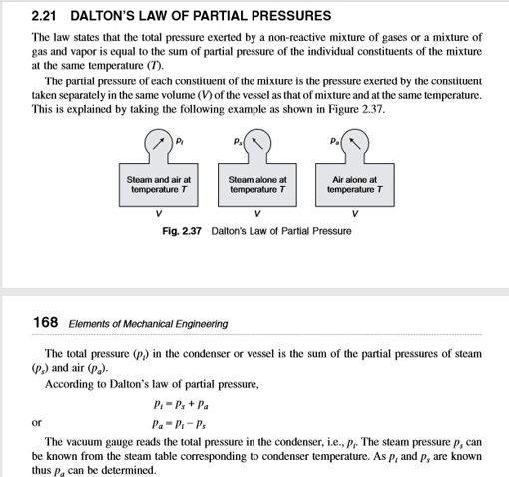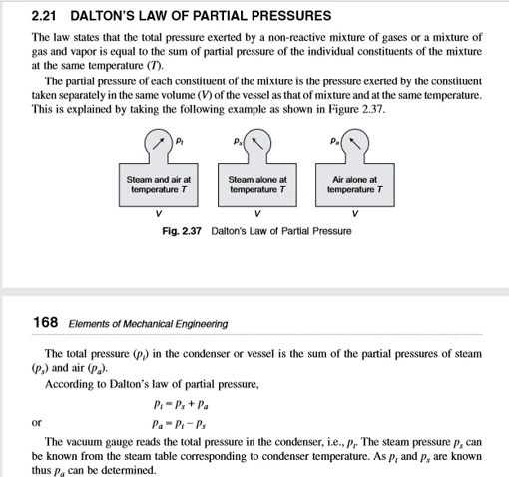What is happening in this case? The partial pressure of each constituent in the mixture is the pressure exerted by the constituent taken separately in the same volume of the vessel. That means the pressure exerted by the combined steam and air, the pressure exerted by the steam, and the pressure exerted by the air.